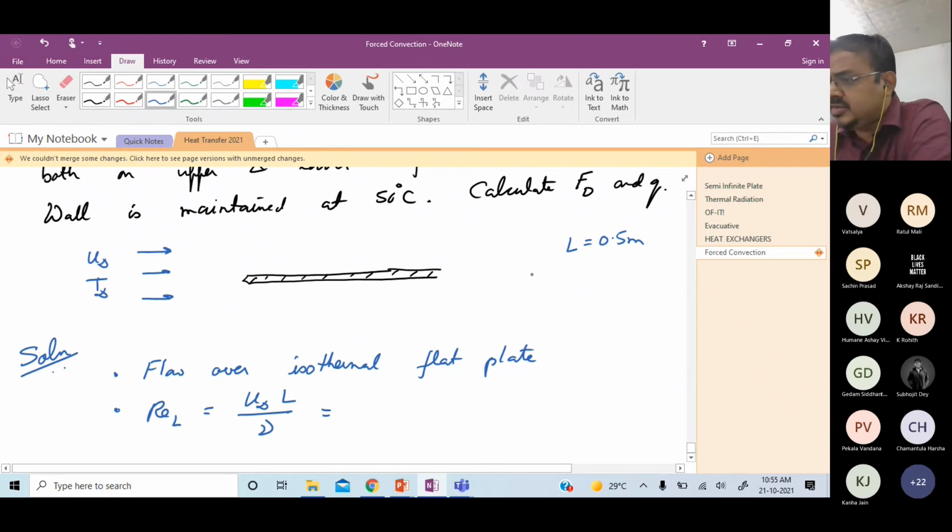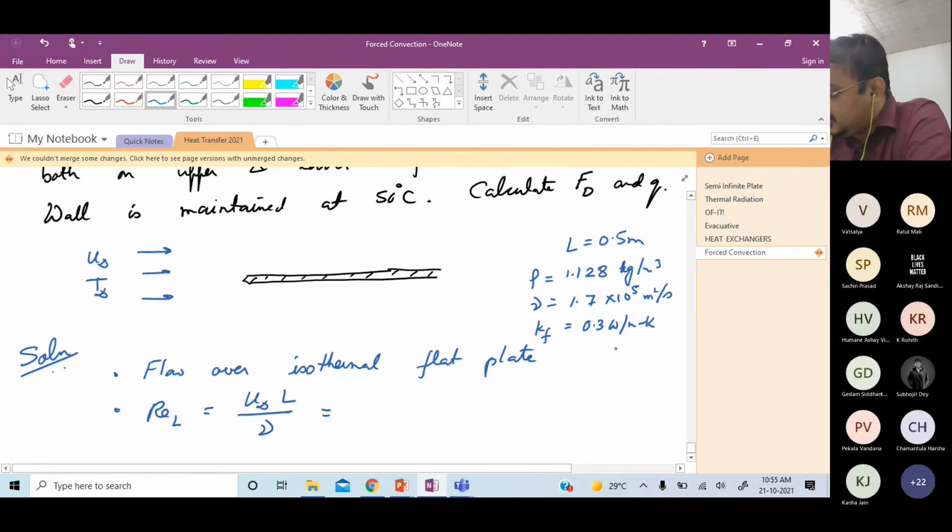Air properties at 40 degrees C: rho is 1.128 kg per meter cubed, nu is 1.7 times 10 to the power minus 5 meter squared per second, kf is 0.03 watts per meter Kelvin, Prandtl is 0.7.